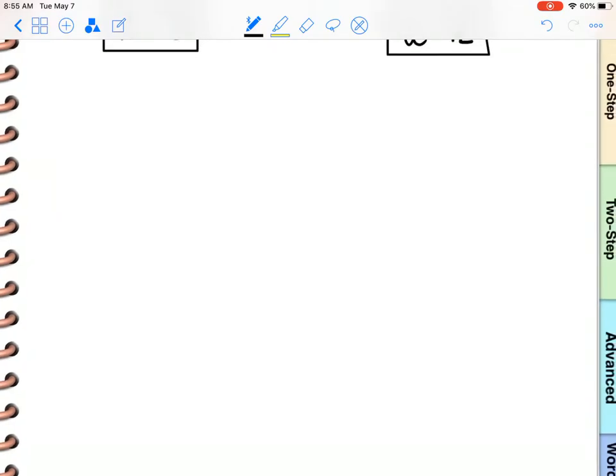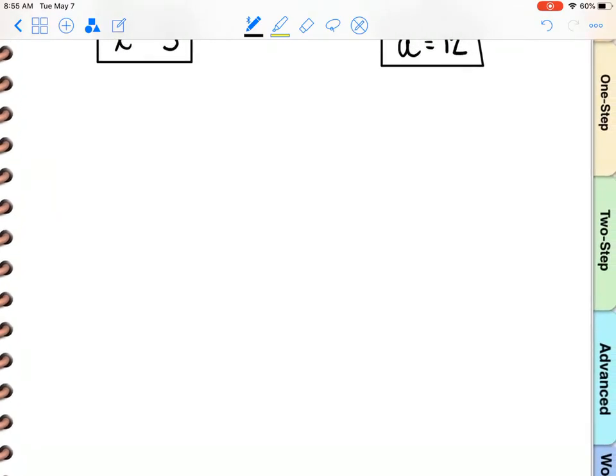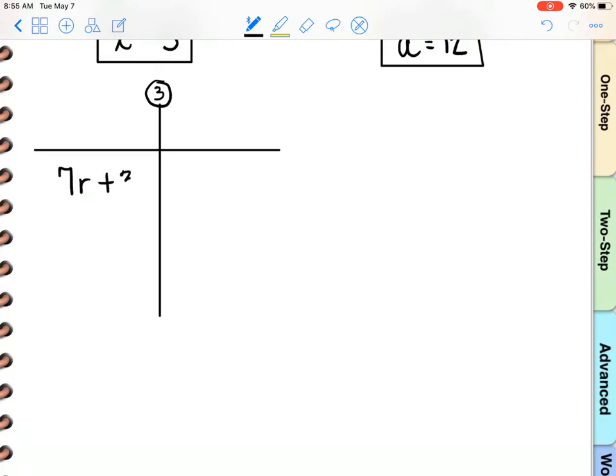Okay, number 3 is going to be 7r plus 3. I can already tell you there's the variable, and the constant is 31, equals 31.